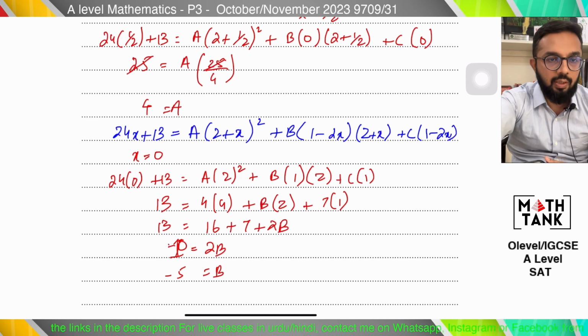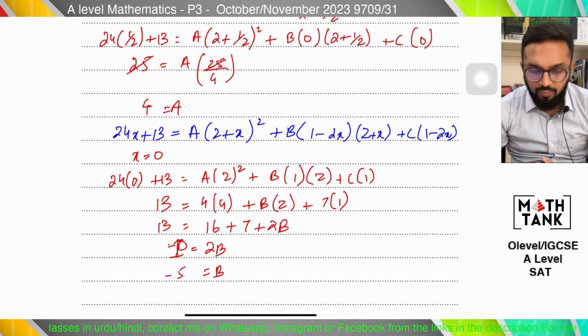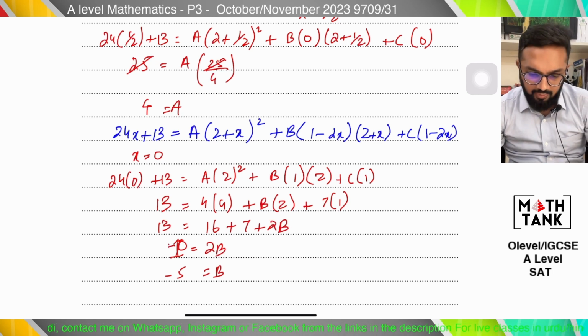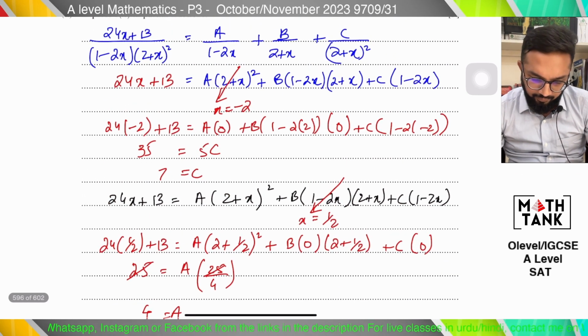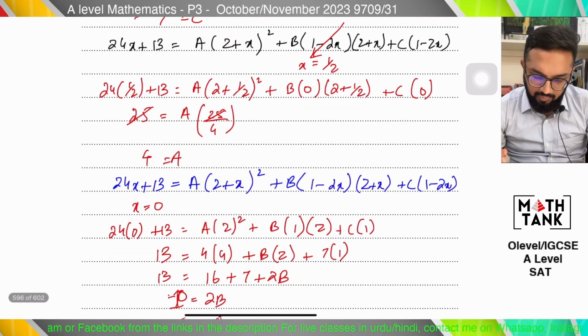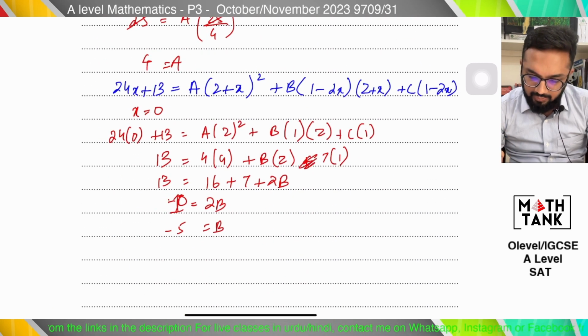Let's see if we have the partial fractions correct. I have 4 minus 7. Do I have minus 7? I should have minus 7. Okay, I don't have minus 7, so let's fix that.